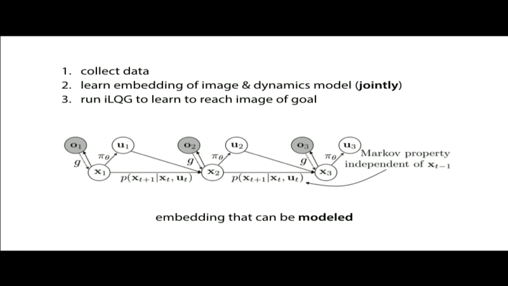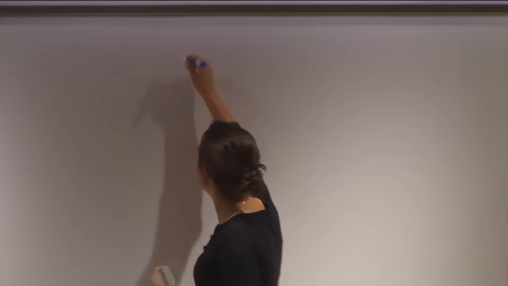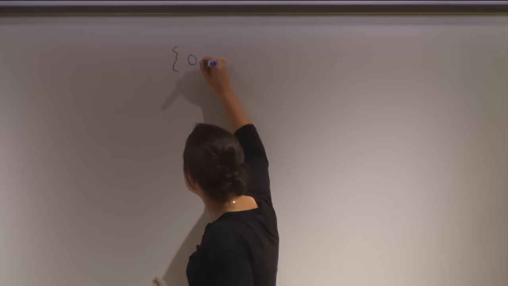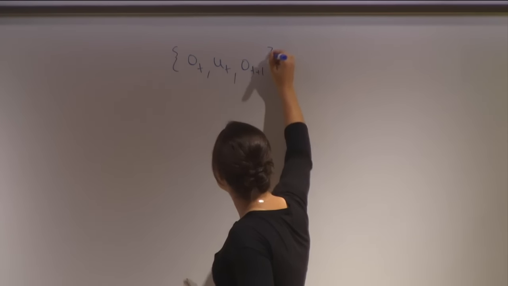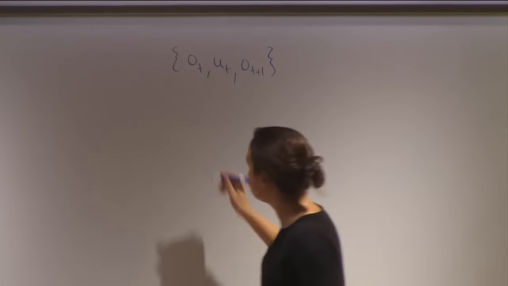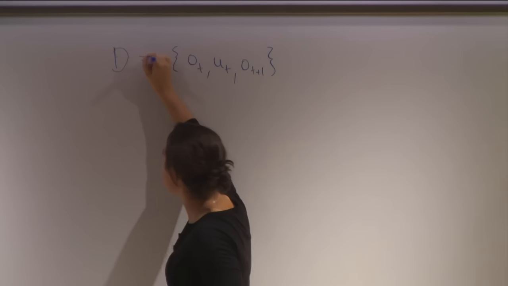The way they do this is they consider a data set, again, of triplets of OT, UT, and OT plus 1. They'll call this their data set D.